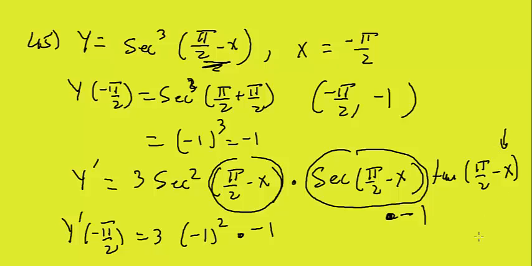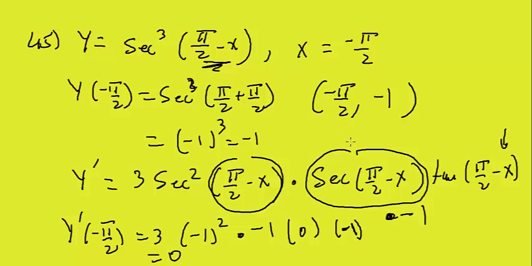What's tangent of pi? Very good. 0 times negative 1. When you multiply 0 times anything, what do you get? Very good. 0.